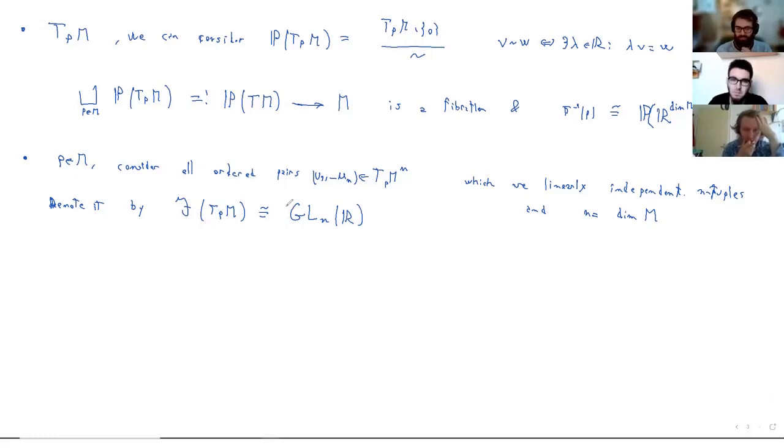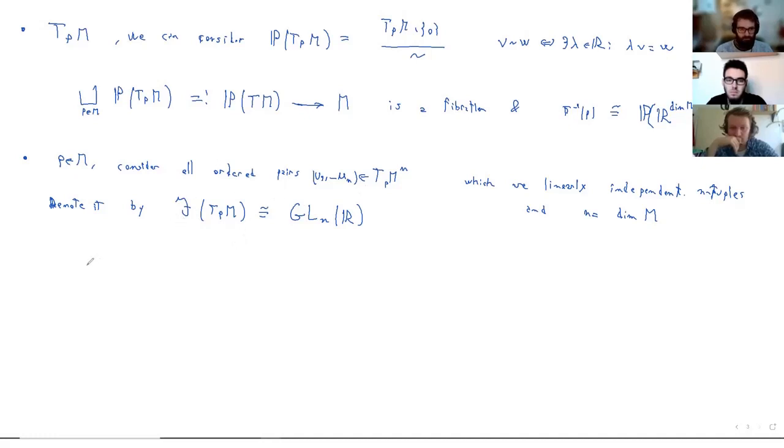Okay, do you see this isomorphism? I mean, maybe not. I'm not asking that you be able to prove it, but these are n linearly independent vectors. And so if you put them in a matrix, this matrix will have determinant different than 0. So this is GL_n.